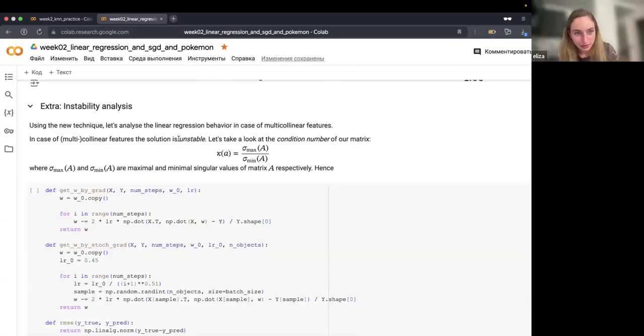Okay, an important thing for the linear regression algorithm is the condition number. Do you know about the condition number?